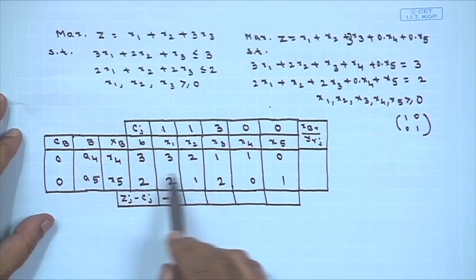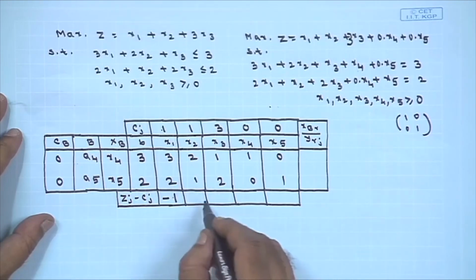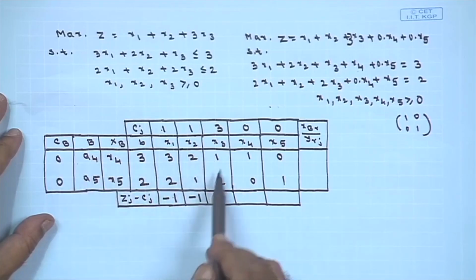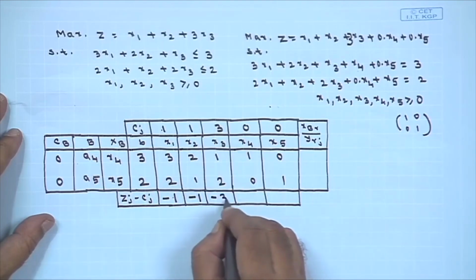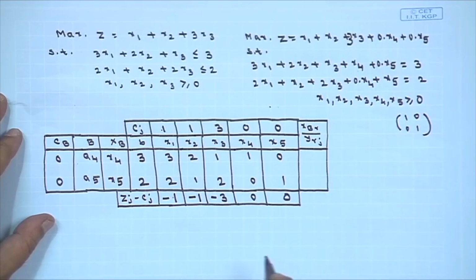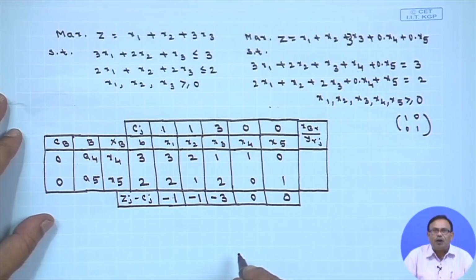For the second column again this is minus 1. For the third column it is 0 plus 0 minus 3, which is minus 3, and the last two are 0 and 0. So, which one will be the entering vector? The one for which Zj minus Cj is most negative.